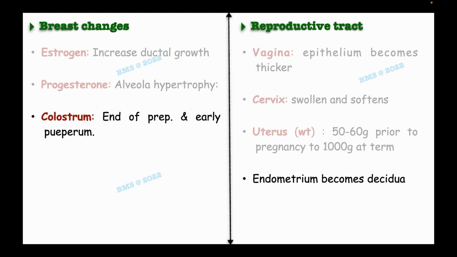Before pregnancy, it was endometrium, but in pregnancy, it becomes known as the decidua. And so, decidualization is marked in the fundus and upper part of the uterus. Normally, that's the site for implantation.